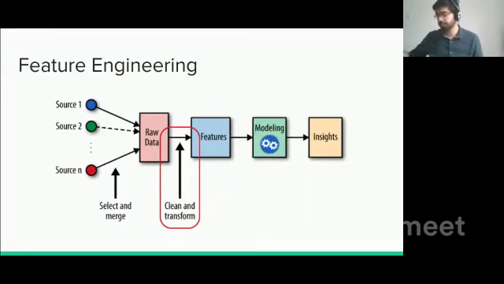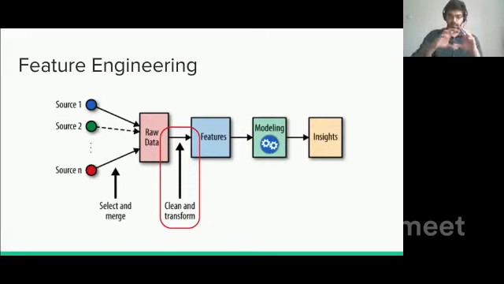And then your machine learning models could provide insights, predictions, forecasts, etc., based on what you want to do. So the important part of translating your raw data to something that you can feed to your models is called feature engineering.